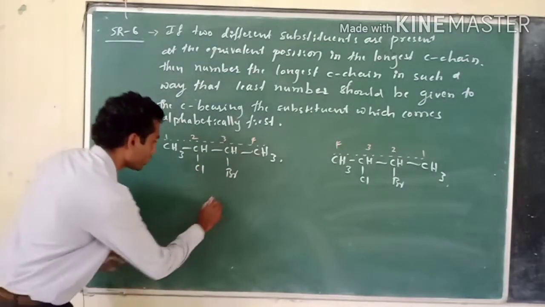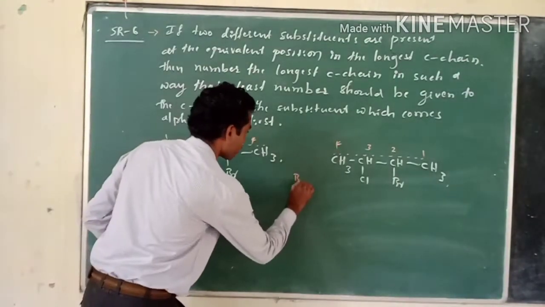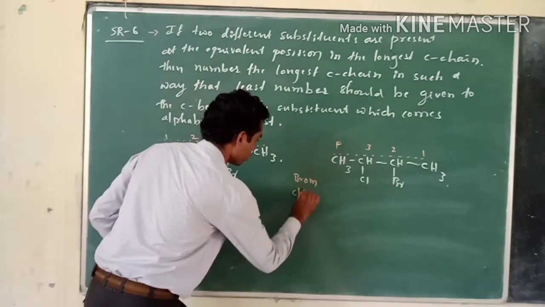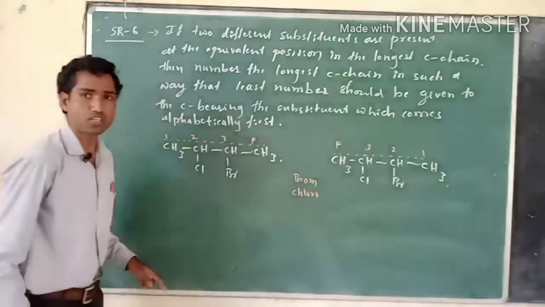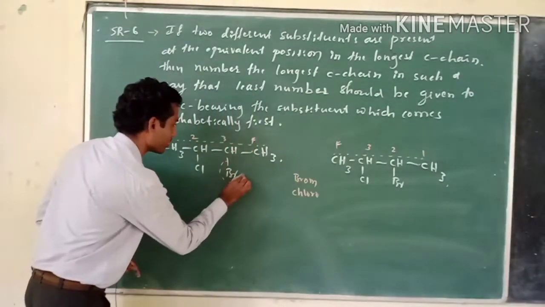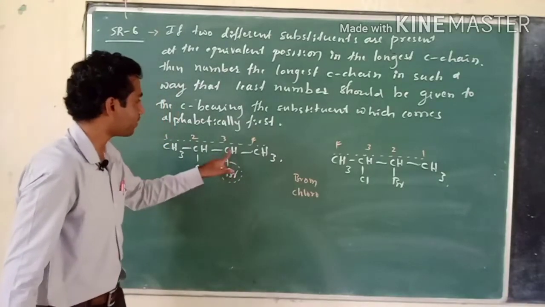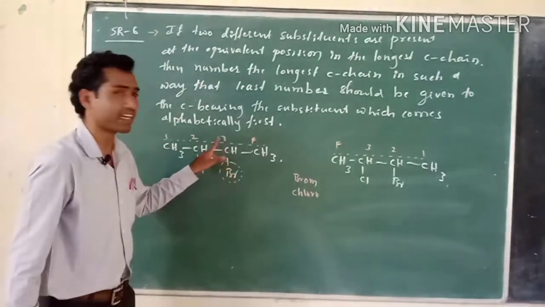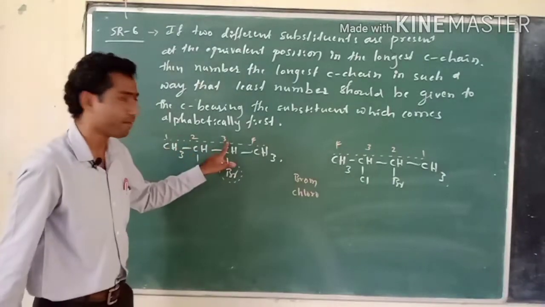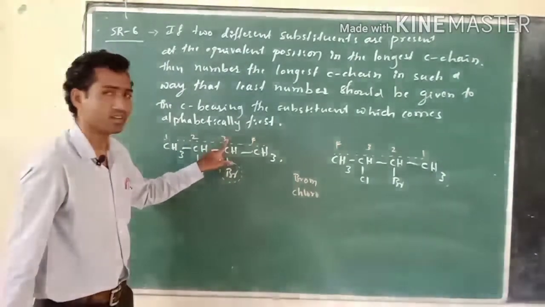So out of these two, one is the bromo substituent, right? Another one is chloro. Which comes alphabetically first? Bromo comes alphabetically first. Therefore, the bromo bearing carbon in the longest carbon chain must get the least number. This way of numbering gives it the third number.